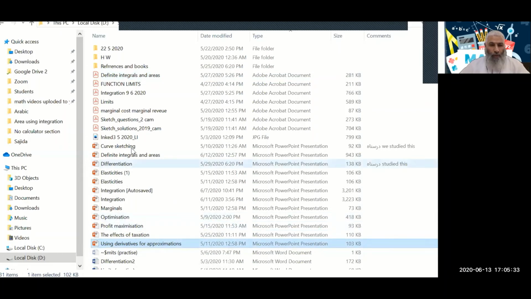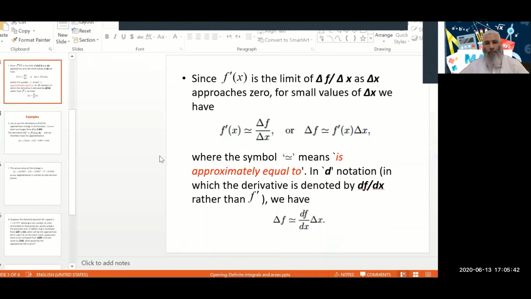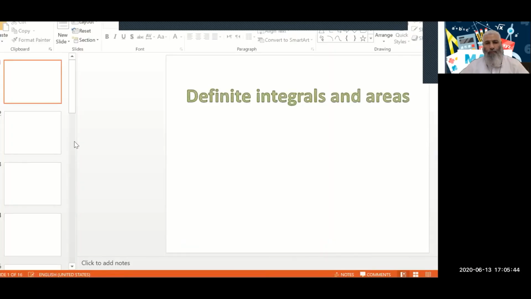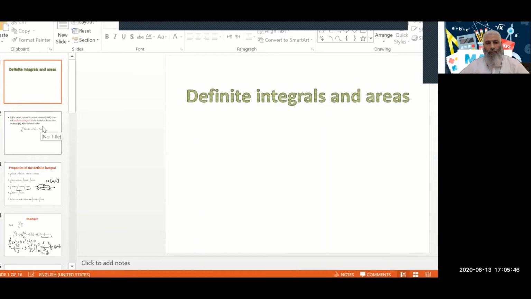Yes, definite integrals and errors. It's the second one. Yes, this one.